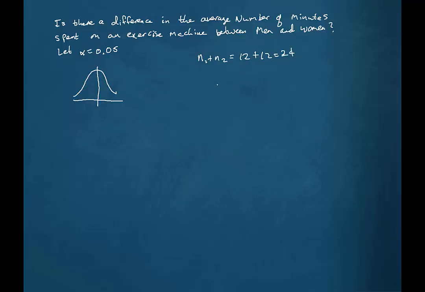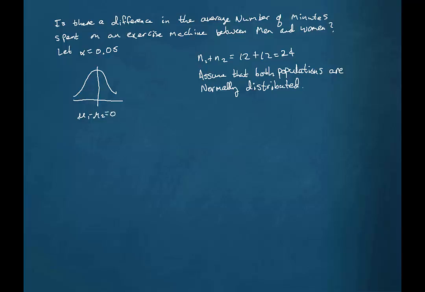Now, since our sample size is not at least 30, we're going to have to assume that both populations are normally distributed. And what we're testing then is the difference in these means.